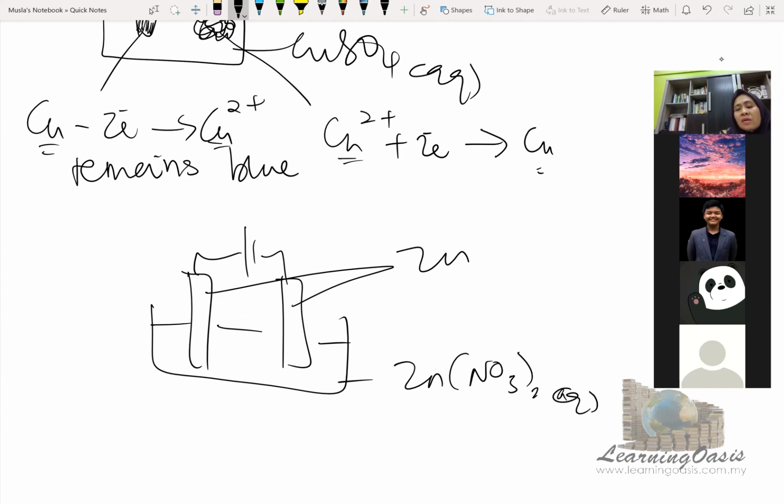You can put silver in silver nitrate aqueous, anything. So what happened at the anode? What happened at the anode, Melissa? Amirul, what happened at the anode?